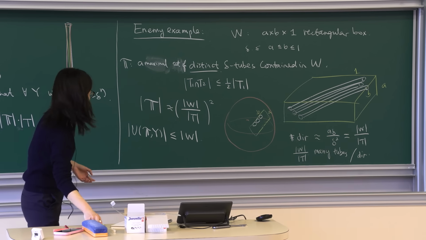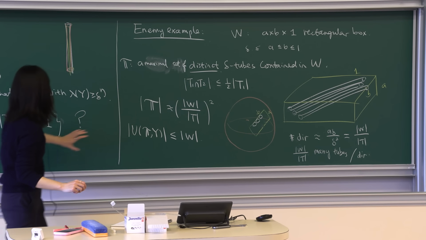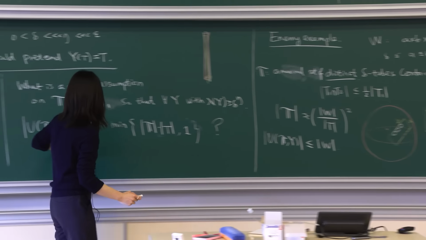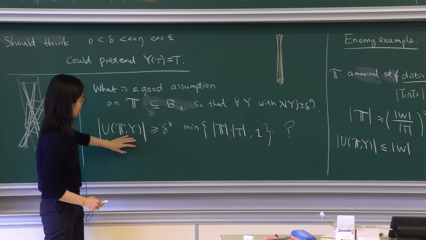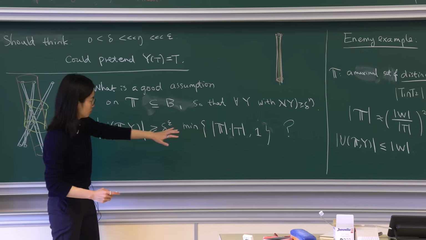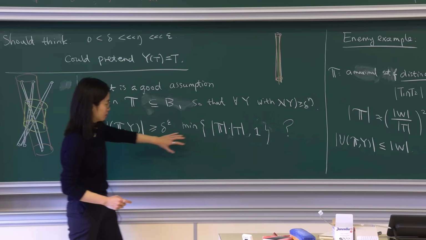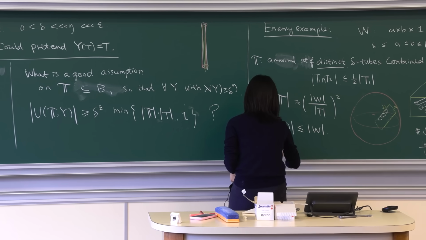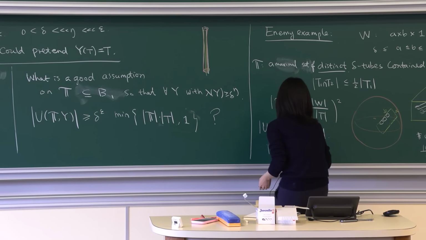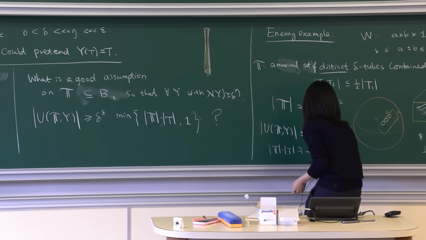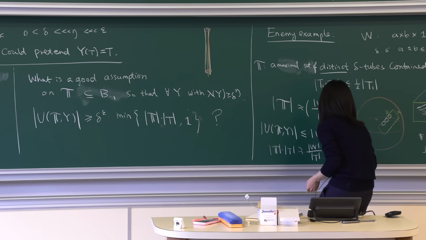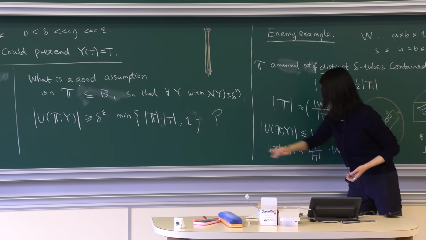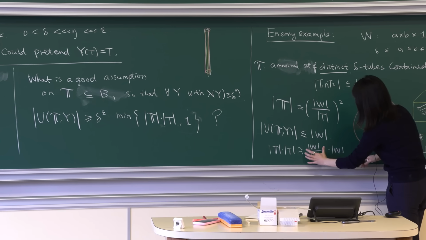And now if we want to compare this quantity here, ideally we hope this to be large, but for this example, the left-hand side is W and the right-hand side is the number of tubes times T, which is W over T times W. So this volume is smaller than the right-hand side by this factor.